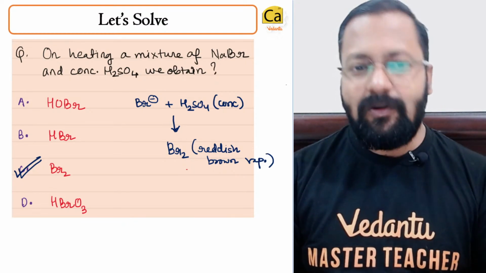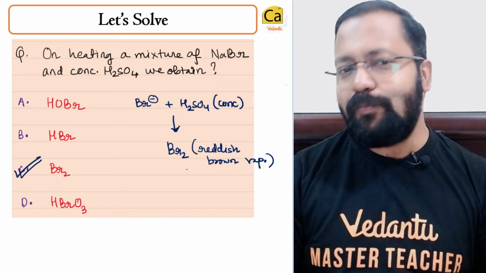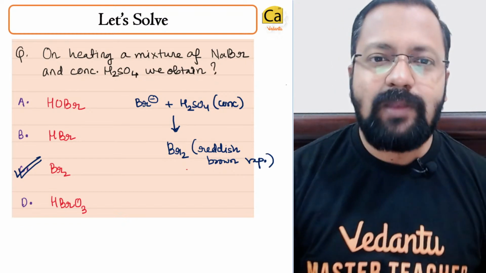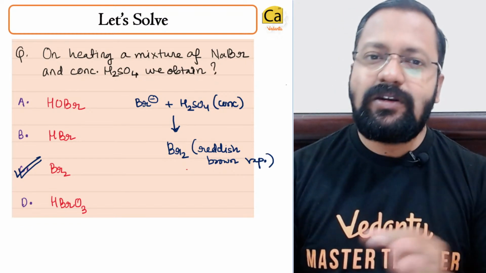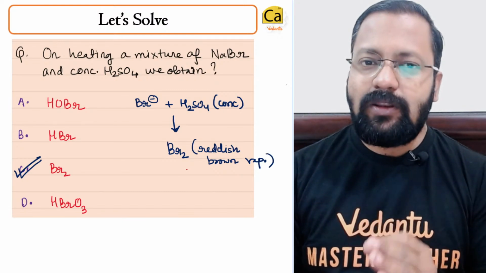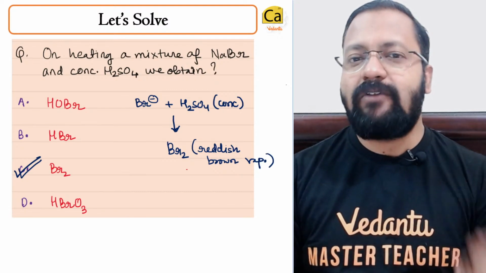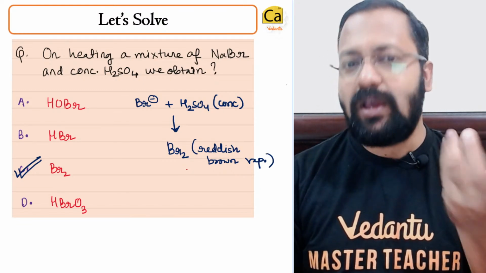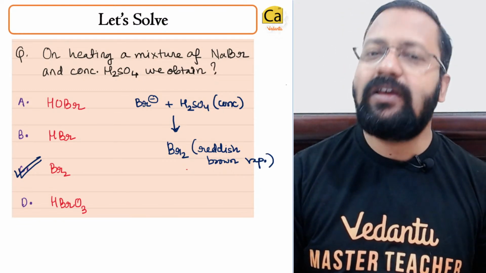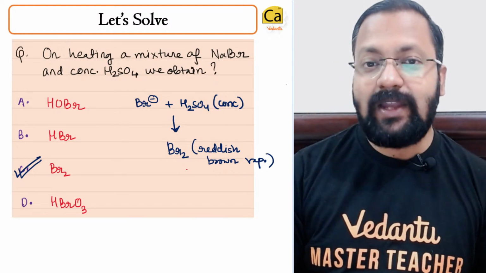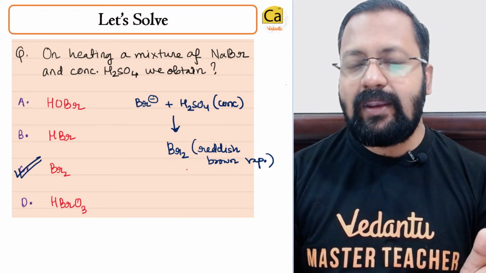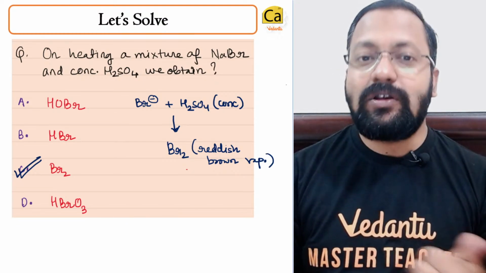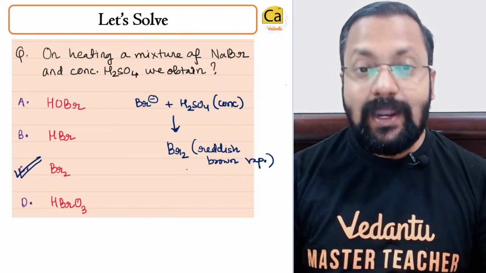One very simple idea that you should keep in mind is that the concentrated acid group was the one which included anions derived from strong acids. So bromide comes from a strong acid, that is HBr, and H2SO4 will oxidize it. Bromide and iodide will be oxidized by H2SO4.